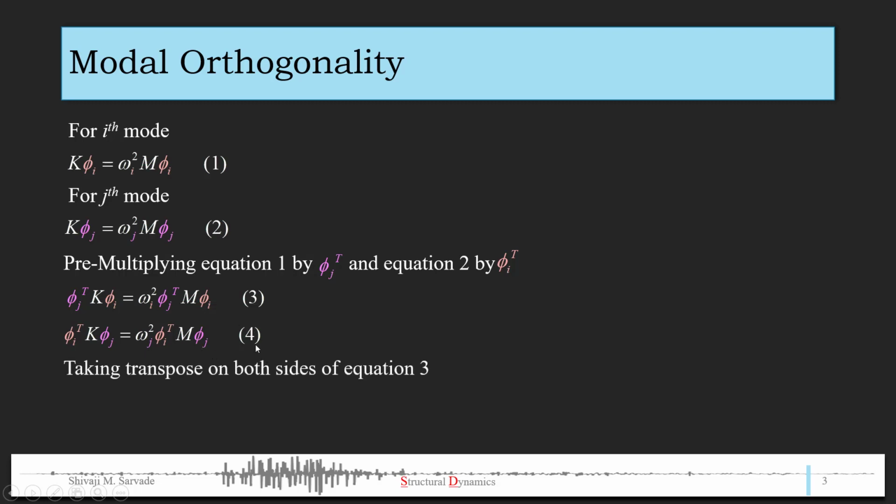Now we'll take transpose on both sides of equation 3, that is phi j transpose k phi i, transpose of entire left hand side is equal to omega i square phi j transpose m into phi i, transpose of this. Of course omega i square is a scalar quantity, comes out, so we have phi j transpose k phi i transpose of the entire thing equal to omega i square phi j transpose m into phi i transpose of this.